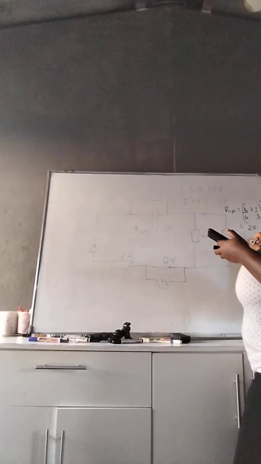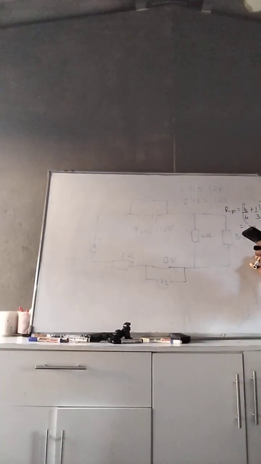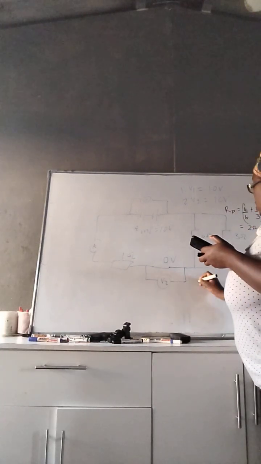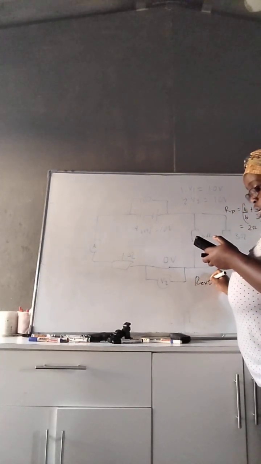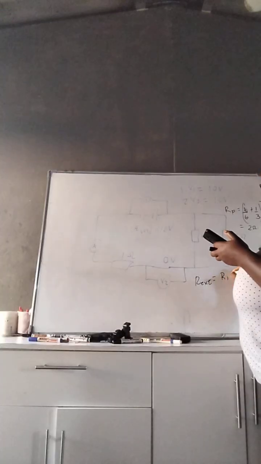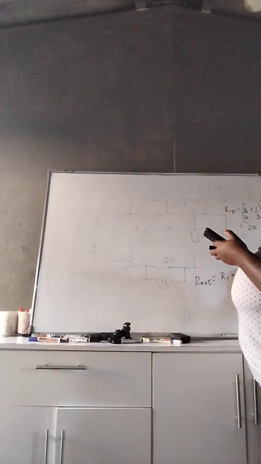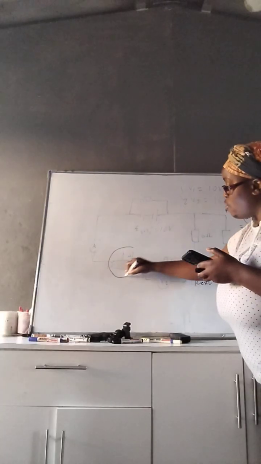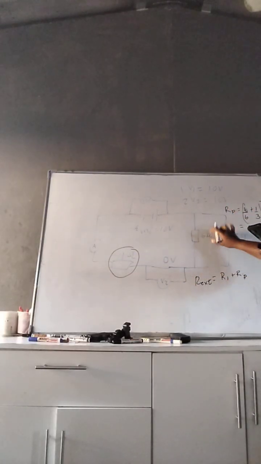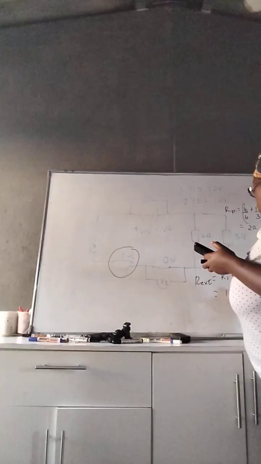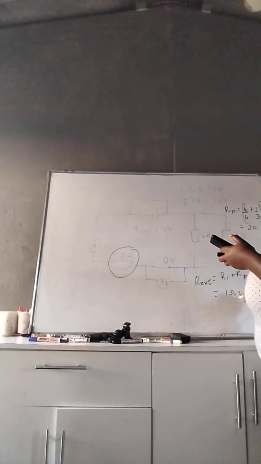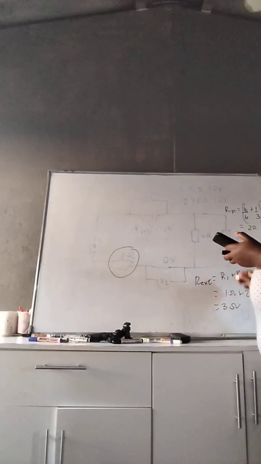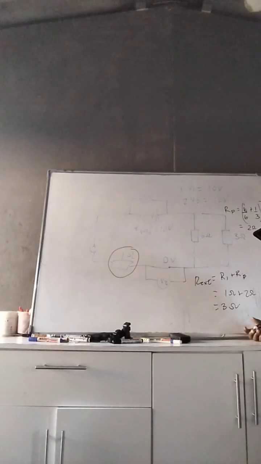So now the R total, the R external, is equal to R1 plus R parallel. So we are going to add this 1 ohm here to this parallel combination. So it's going to be 1 ohm plus 2 ohms, which gives us 3 ohms, right? So that's the total resistance.